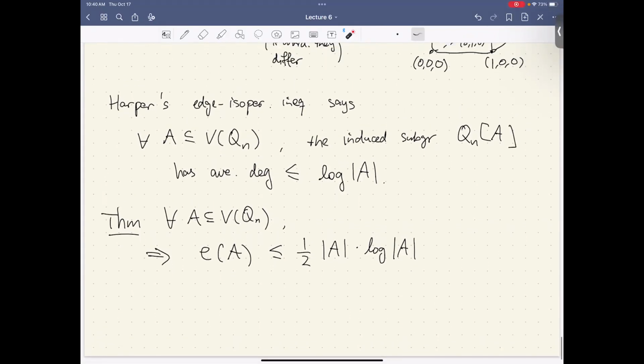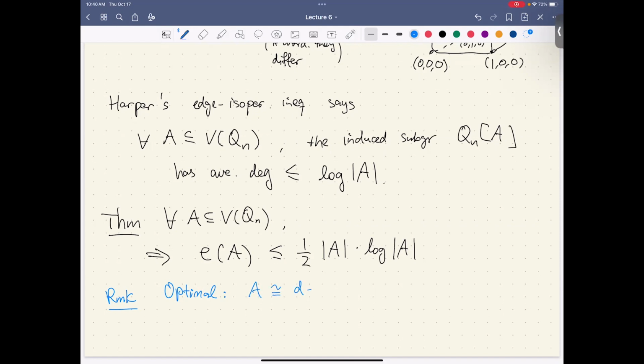The maximizer is a lower dimensional subcube. Let's see. Remark. This bound is optimal if A induces, let's say, a d-dimensional subcube. What it means is that Qn on A is Qd.